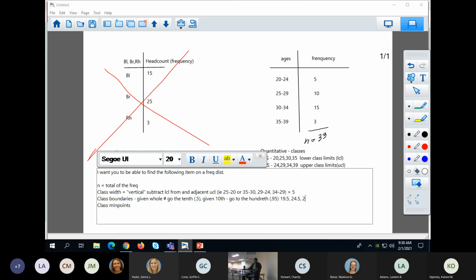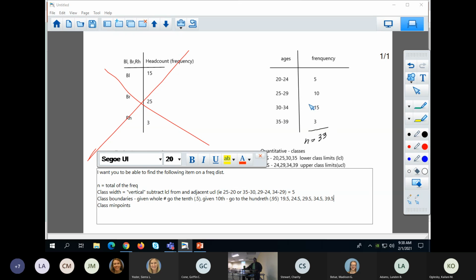Plus 5, 29.5. Plus 5, 34.5. Plus 5, 39.5. That's it. Those are your class boundaries.